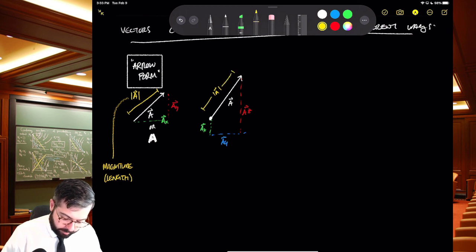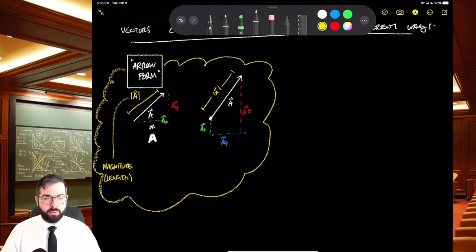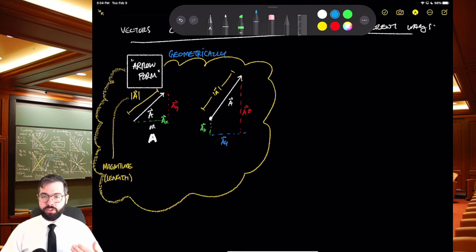Again, this represents this length. So this is a really nice way to think about vectors geometrically. It gives us an intuitive sense about how these operations should go.